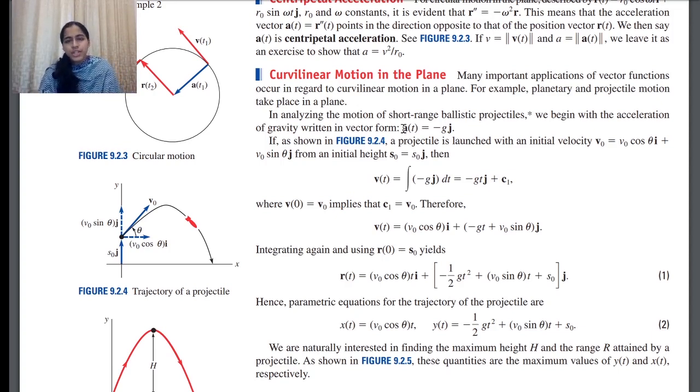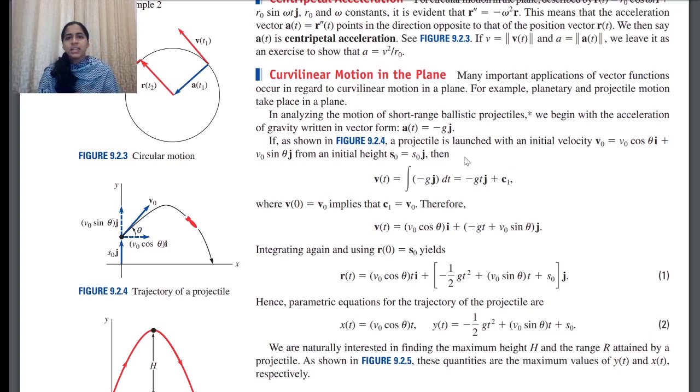We all know that the acceleration due to gravity is a constant. We are treating it in vector form, and it is given by a(t) = -gj. We have an initial velocity v0, given by v0 cos theta i + v0 sin theta j, and an initial height s0, given by s0 j.